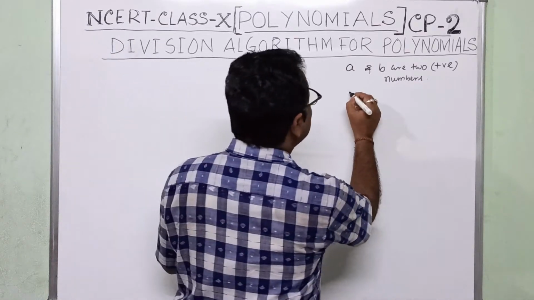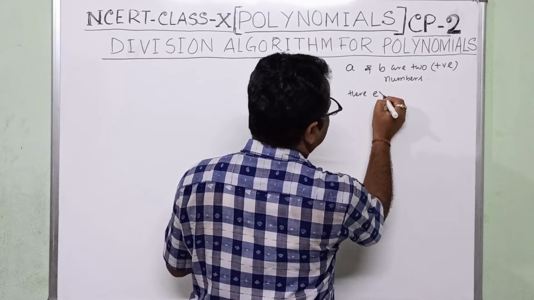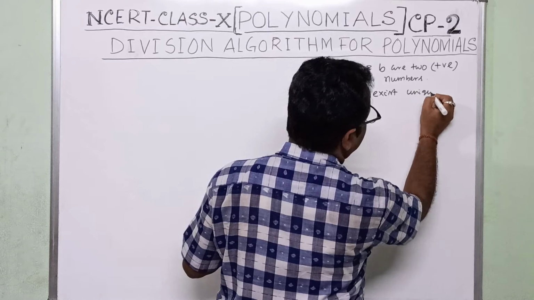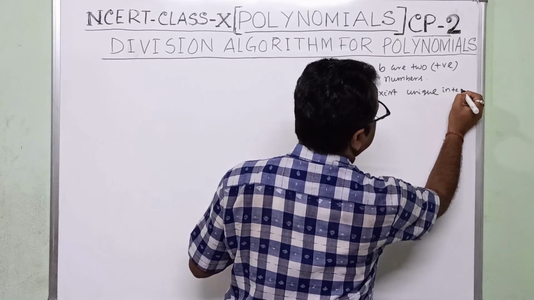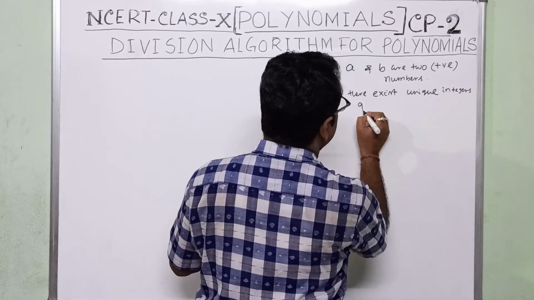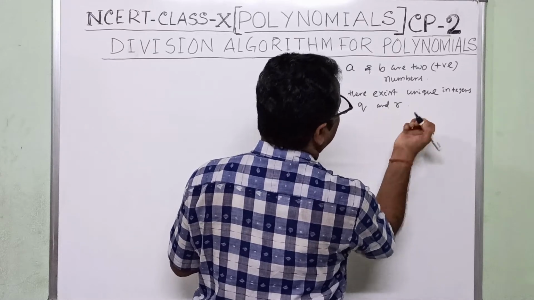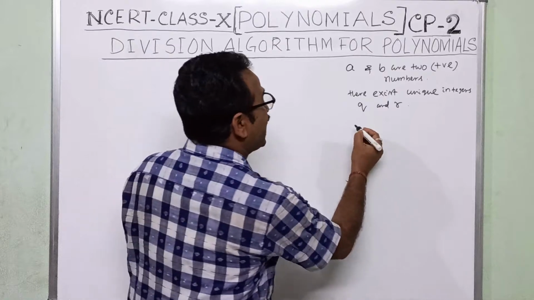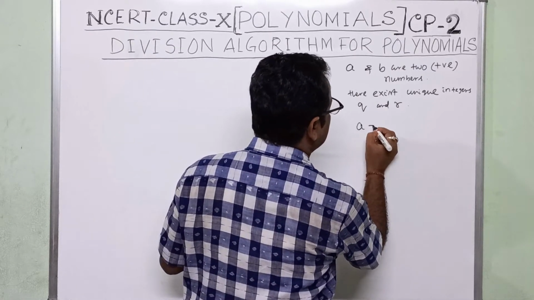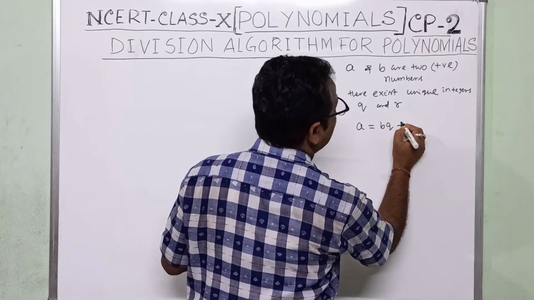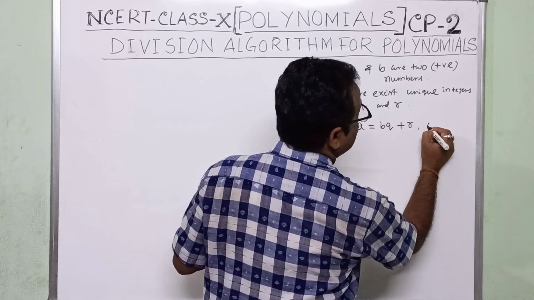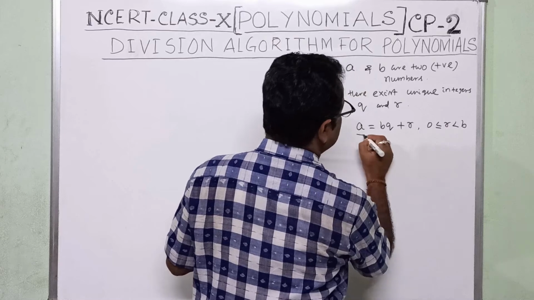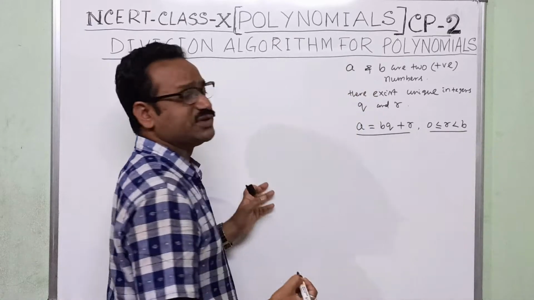Then there exist unique integers q and r, such that a is equal to bq plus r, where 0 is less than or equal to r, less than b. This is your Euclid's division lemma.